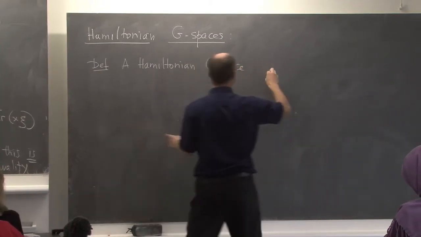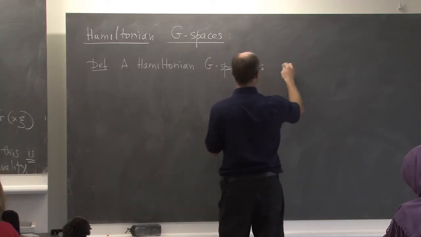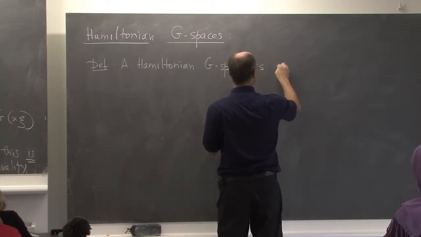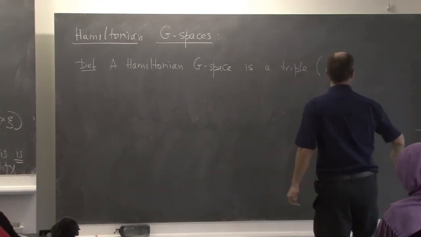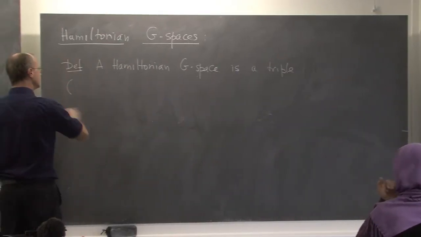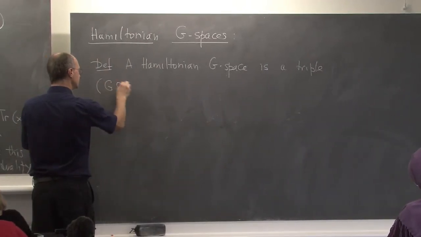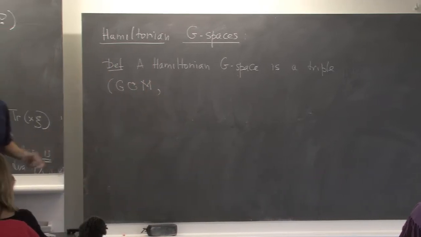So recall that the Hamiltonian G-space consists of a lot of data, and so one possibility is to package it into a triple.